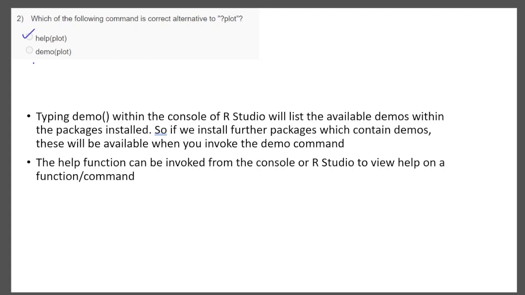And if you give the demo command alone, it will show all the functions which already have a demo predefined with the R console. Only very few functions in the R console have a demo.